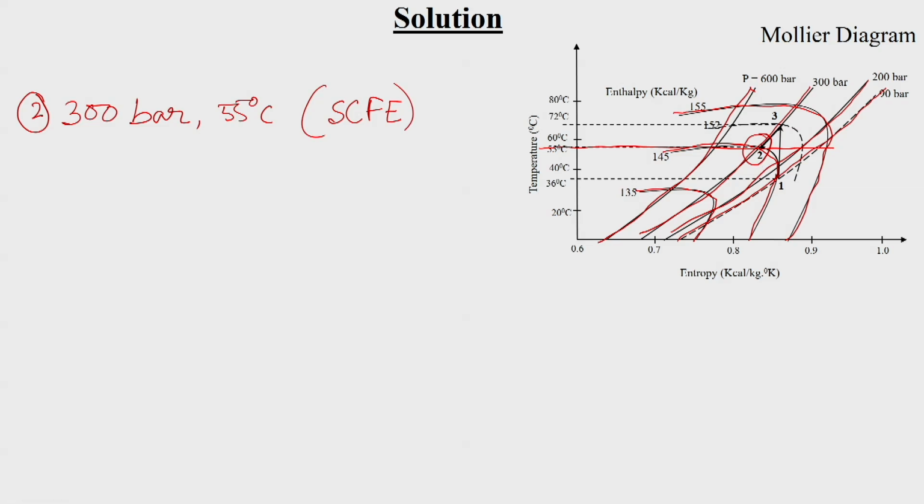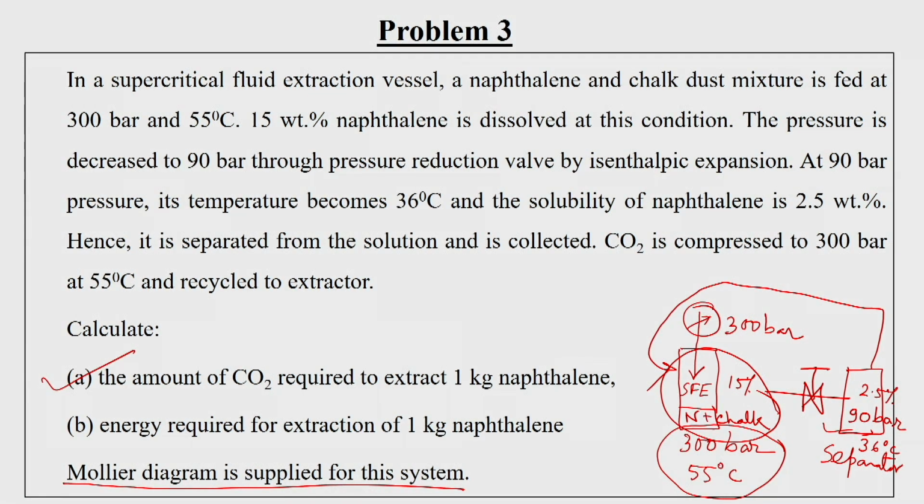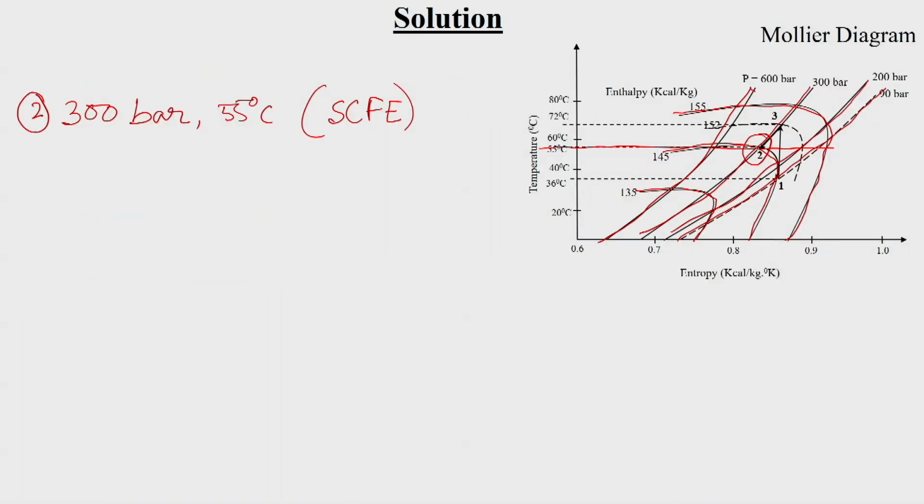Then the problem says the pressure is decreased to 90 bar through a pressure reduction valve by isenthalpic expansion, and the temperature becomes 36 degrees Celsius. So from point 2, using this enthalpy line, it comes down and reaches 90 bar, and at that time the temperature becomes 36 degrees Celsius.